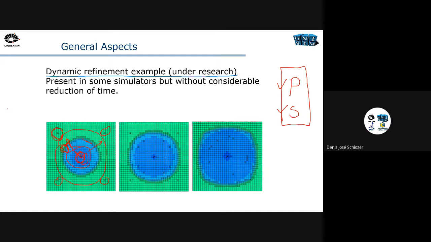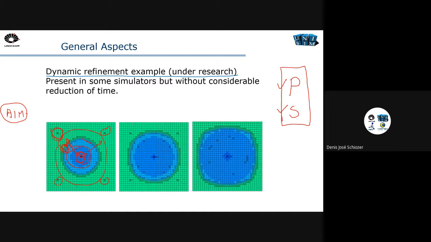The idea of changing between implicit and explicit, which is called IMPES, is very well implemented in the simulator and is working fine. The idea of implementing this dynamic grid refinement, until at least 1-2 years ago when we tested these options in the simulators, was not so good. Why?